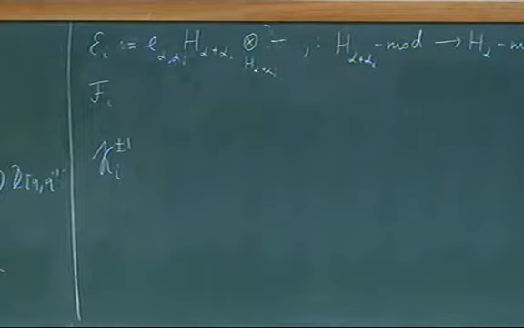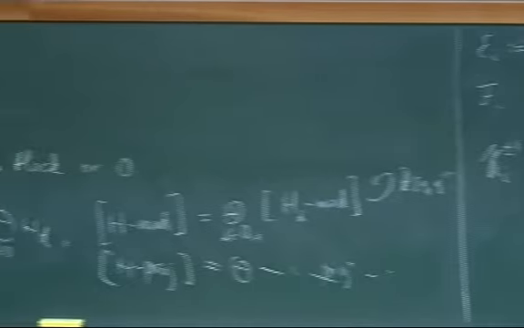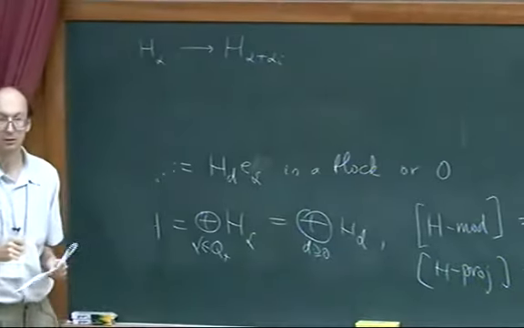Okay, so I claim that there is a natural algebra homomorphism, although not a unital algebra homomorphism, from H_alpha to H_{alpha plus alpha_i}, for any alpha and any i.